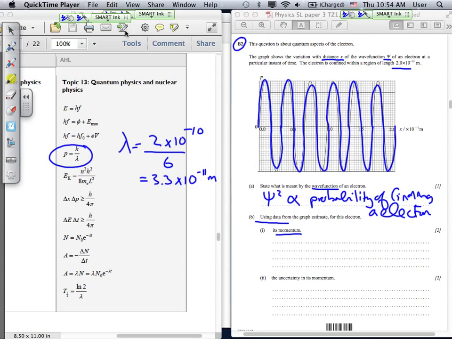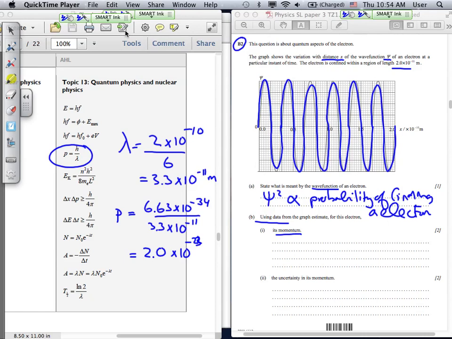Now we can put that into this formula, that your momentum is equal to h, which is Planck's constant, 6.63 times 10 to the negative 34, divided by 3.3 times 10 to the negative 11, and you will get 2.0 times 10 to the negative 23.